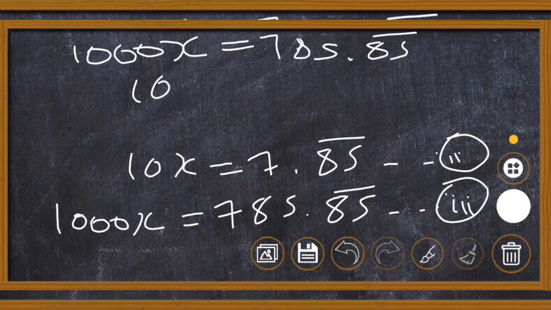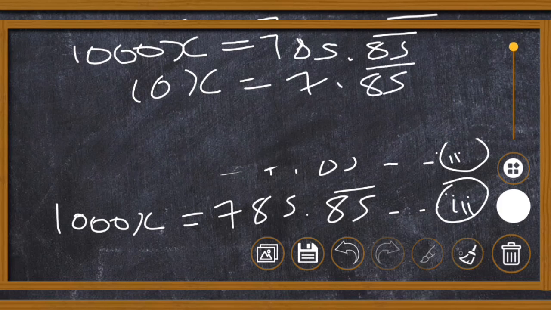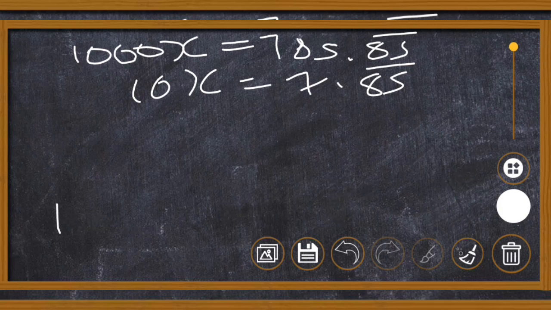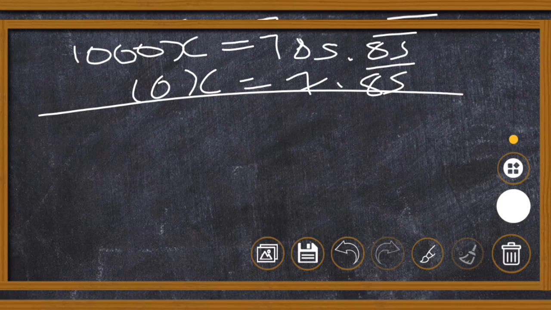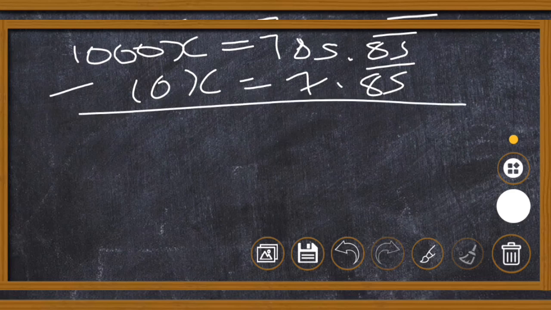We also have 10x equal to what? 7.85 with a repeating bar. So let me just wrap now the down part here, so that we can use the space. So in this case, let's subtract the two. So we are going to have 1000x minus 10x. We are going to have 990x equal to 785 minus 7.